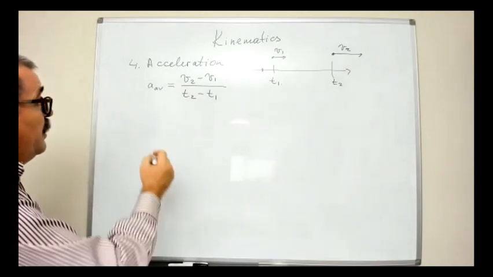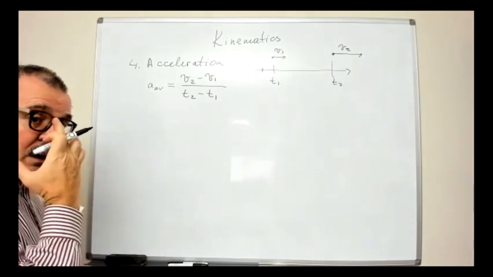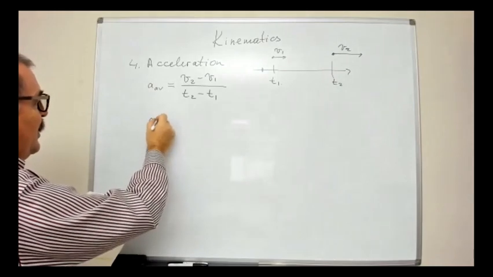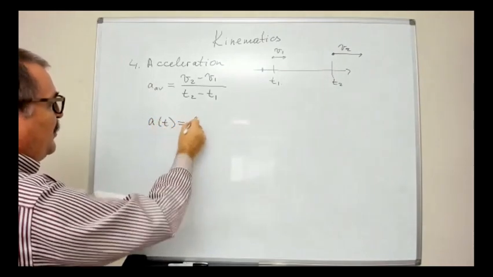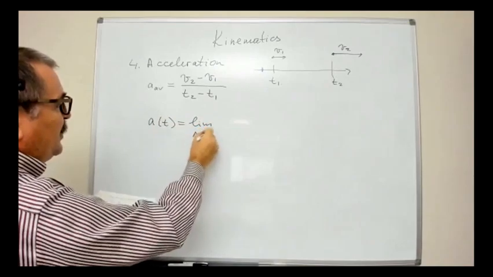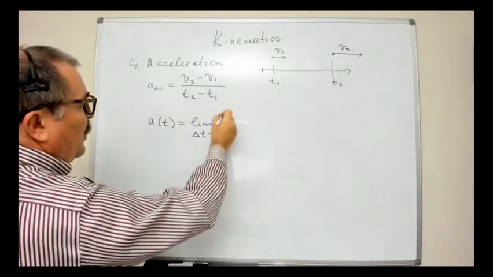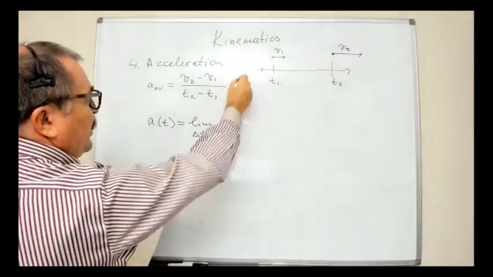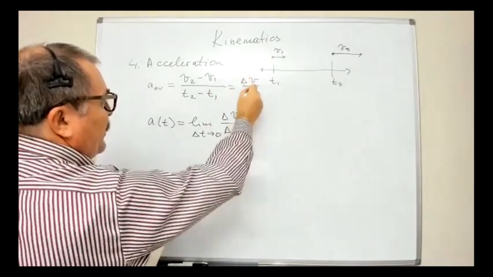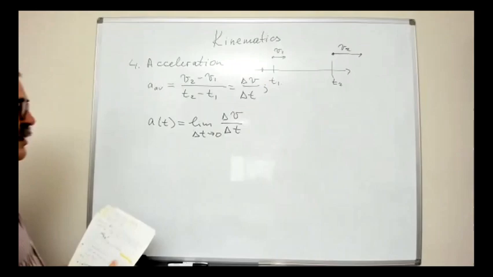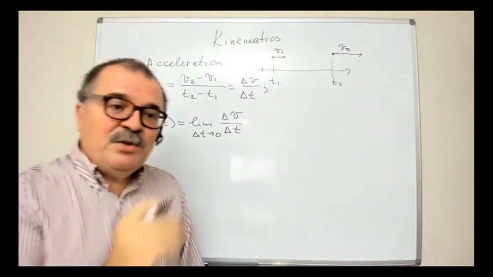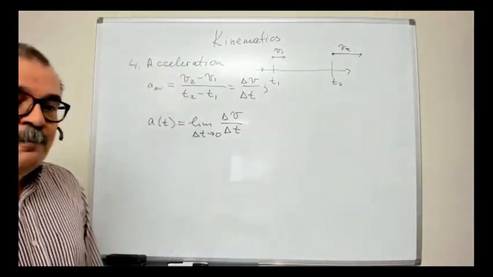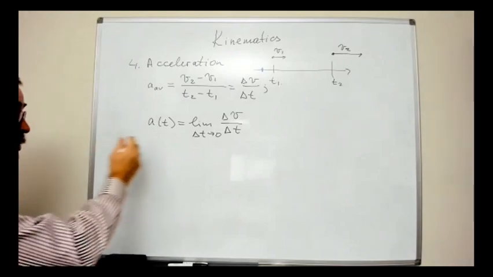Similar to velocity, we can introduce instantaneous acceleration, and that's the limit when delta t goes to 0 of the ratio delta v over delta t. So we shrink the interval between two measurements, but in any case we have to do these two measurements in order to evaluate the instantaneous acceleration.